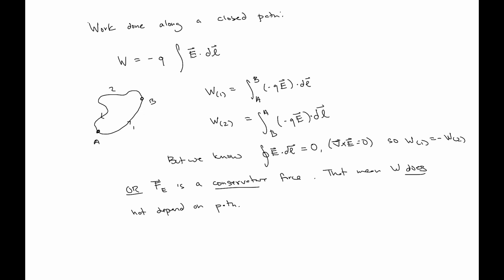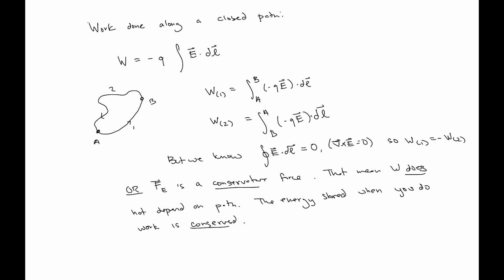And if it doesn't depend on the path, that means that the energy that is stored or loaded into a system when you do work is conserved. It can be reclaimed.